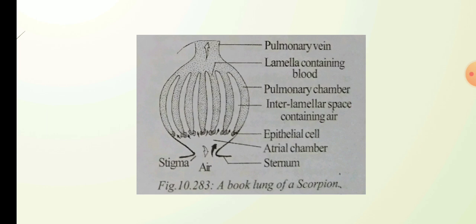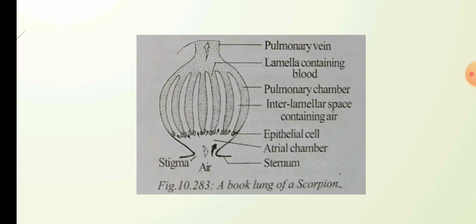The aerated blood, that is the oxygenated blood, is collected by the pulmonary vein, which opens into the pericardial sinus. The inspiration and expiration of air in the book lung is controlled by the dorsoventral and atrial muscles.